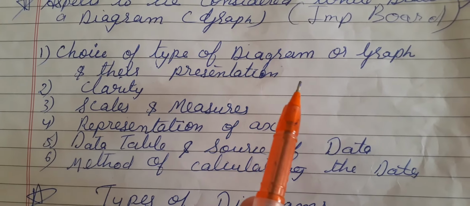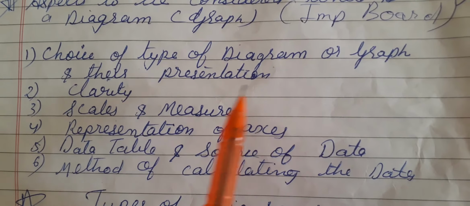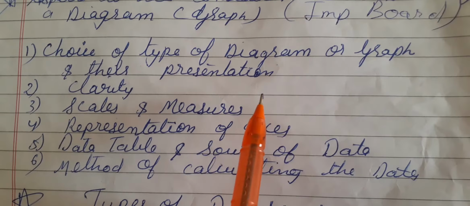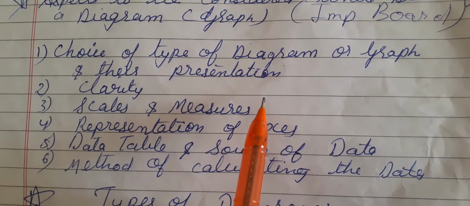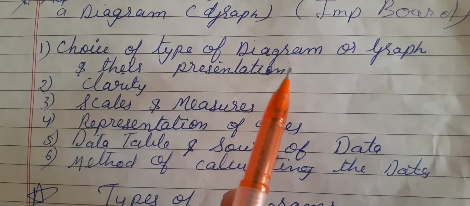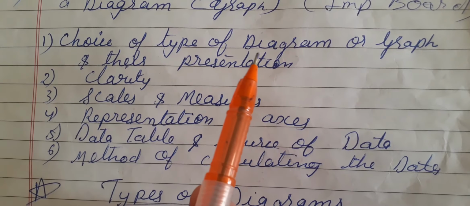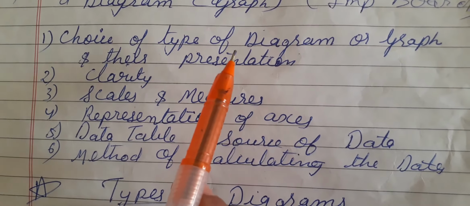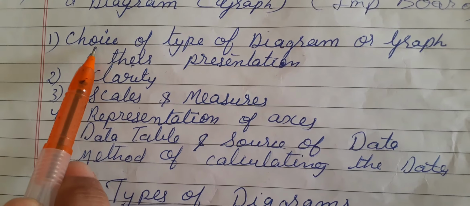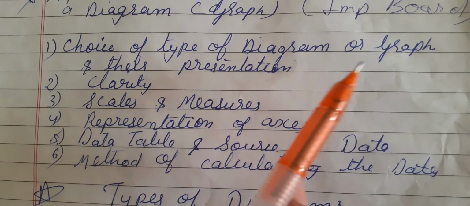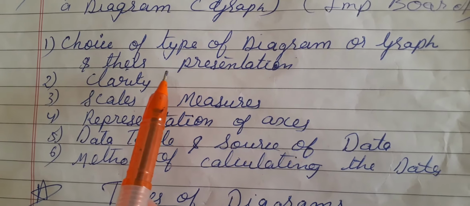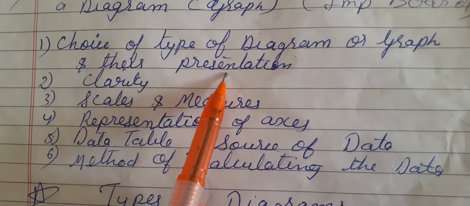Certain data can be presented in the bar diagram as well as in the pie diagram also. So the person who is making or who is the user should make the right choice of which type of diagram or graph they have to draw to present the data.